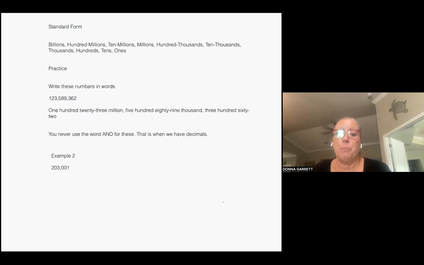Okay, example 2. I know you guys can say it fine, 203,001. And this is what I mean about the word and. A lot of people will say it with and, but that is incorrect. And is only for decimals. So, and we would write it like 200. Oh, hold on.